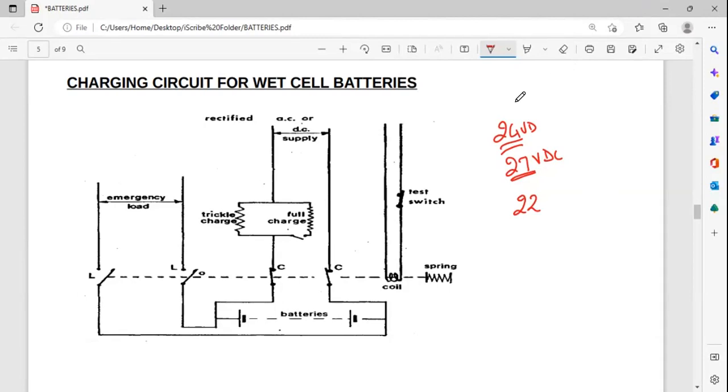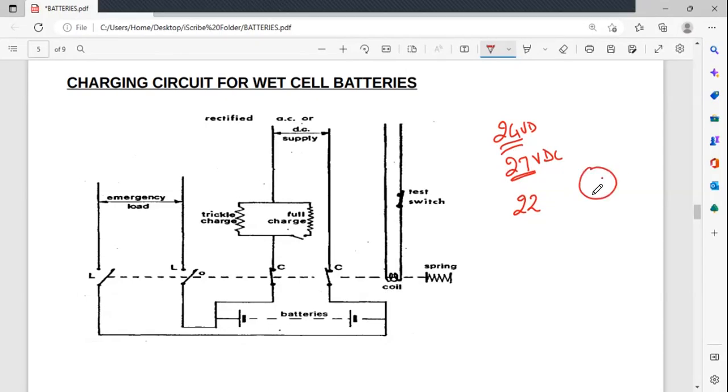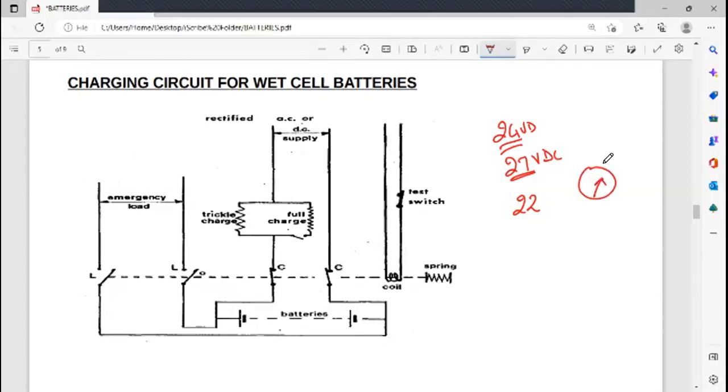And then as these batteries are getting topped up towards this 24 volts, generally on an analog meter, initially the current will be say about 10 amps. And then very slowly it will start dropping towards 1 amp and even less than 1 amp.